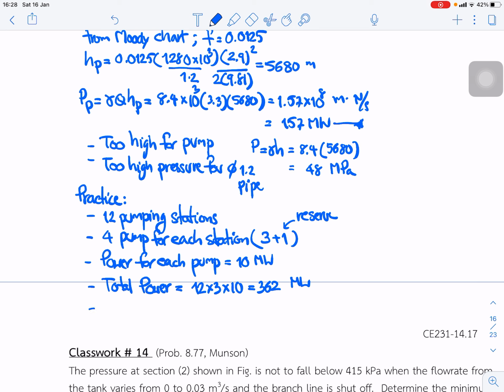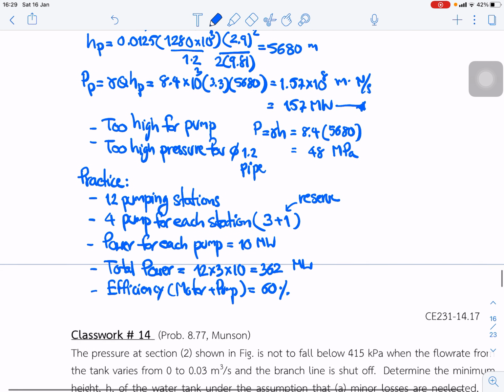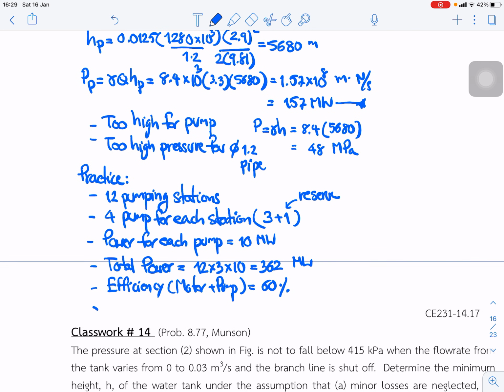If we think about the efficiency, including the water and pump, it's about 60%. So the power is about 60% of 362, which is 217 megawatts.